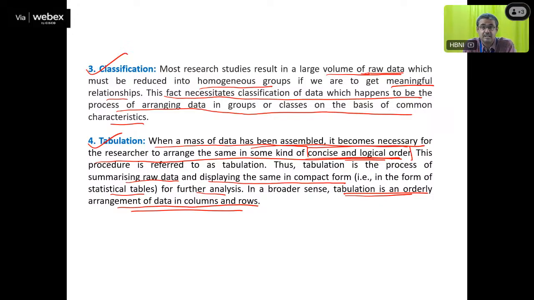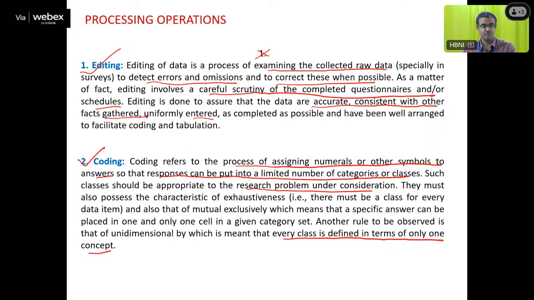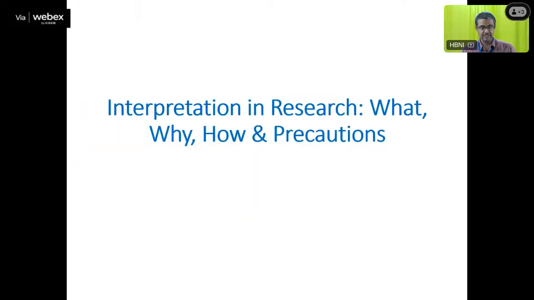After collecting the data, generally you make tables of different samples initially, and then state their characteristics. Analyzing data consists of all four things: editing, coding, classification, and tabulation.